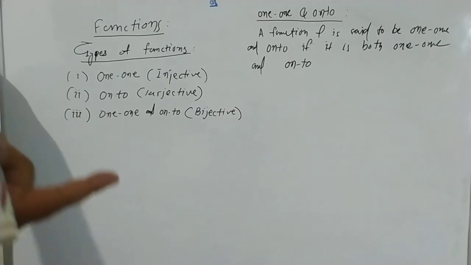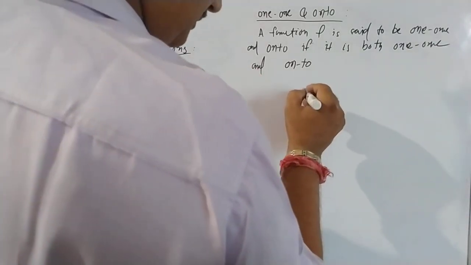Okay, both one-one and onto means the examples are like this.